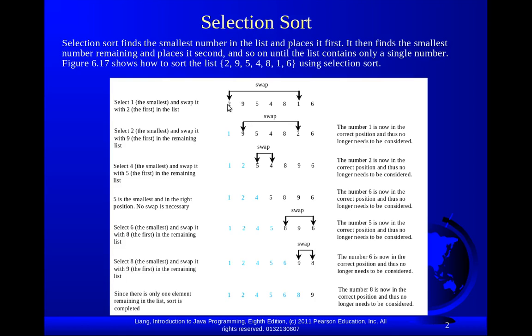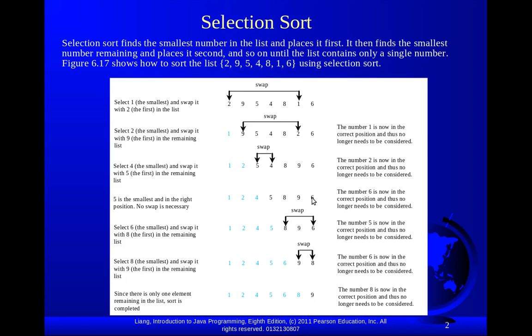Okay, so 1 and 2 swap. So now the minimum is in position. We now look at the list starting at position 2. We find the min. The min is not at the beginning of this sublist, so we swap 2 and 9, and we end up with a list like this. We find the min here. It's not at the beginning of this sublist, so we swap min and whatever was in the first position. We end up with a list like this.